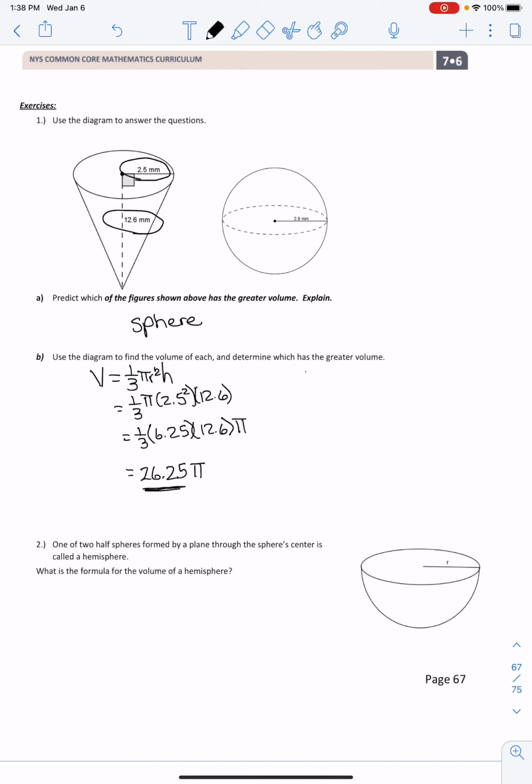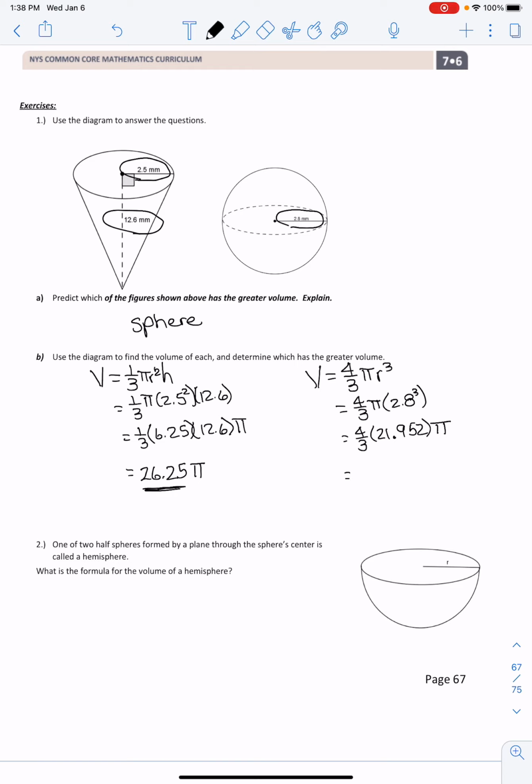Now if I do the sphere, I get volume equals 4/3 pi r cubed. Well, my radius here is 2.8, so I have 4/3 pi times 2.8 to the third power, or cubed. So now when I multiply it together, I get 4/3 times 21.952 times pi.